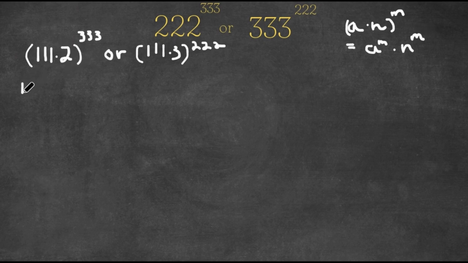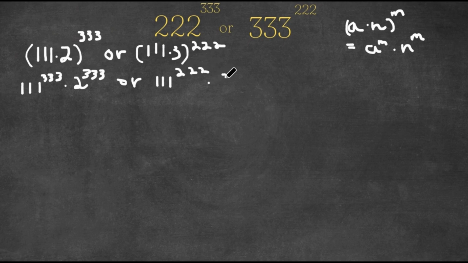This is equal to 111 to the power of 333 times 2 to the power of 333. And now I'm going to do the same thing with this 111 times 3 to the power of 222. This is equal to 111 to the power of 222 times 3 to the power of 222.